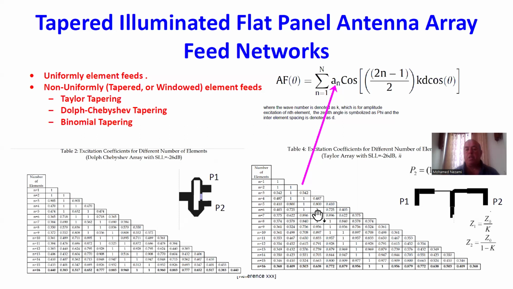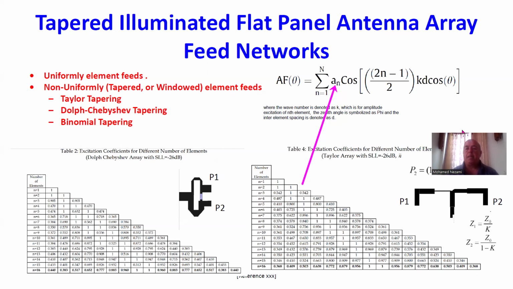That means the T-junction for the middle ones is always going to be a symmetrical, uniform T-junction, while the other ones taper off, and you get a distribution which dies out to the edges. And that's why a lot of times you see antenna panels where the corners are all removed, because these coefficients, as you go longer and longer, keep diminishing to the point where the corner ones no longer contribute to the antenna pattern.